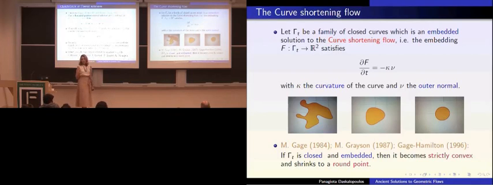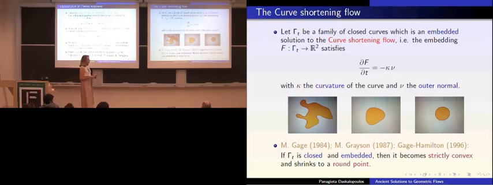And a remarkable property that the curve shortening flow has is that it tends to make things, of course, eventually shrink to a point, but before they shrink, they turn to become round, and before they become completely round, they become convex.